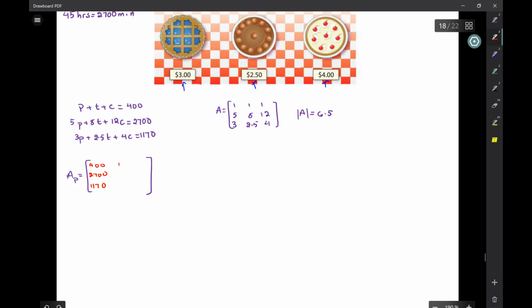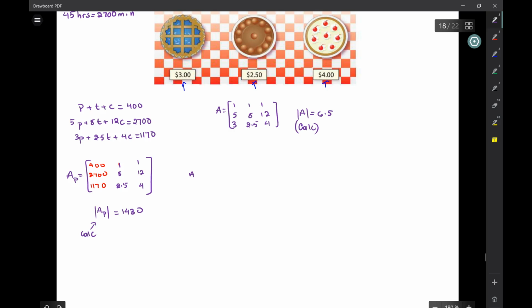So 1, 8, 2.5, 1, 12, 4. So the determinant here is 1,430. Yeah, I'm plugging all these in, so calculator here.